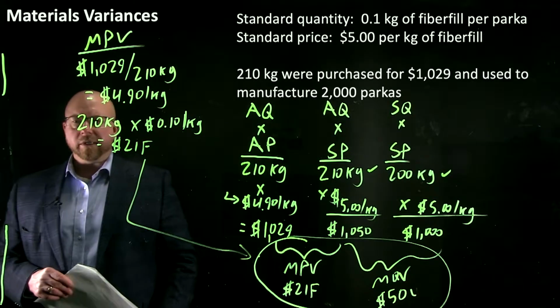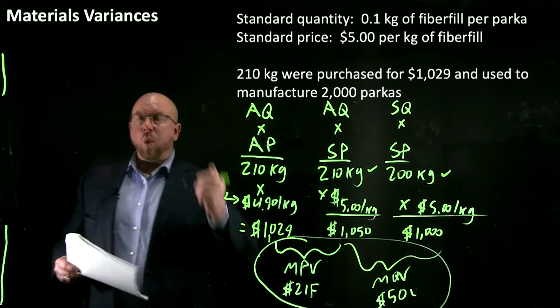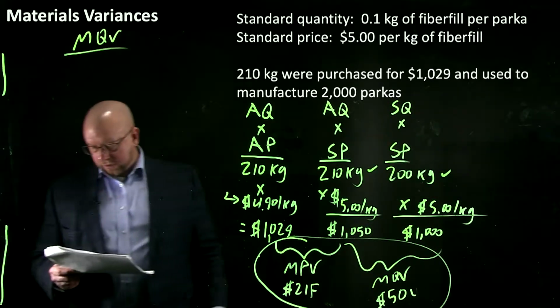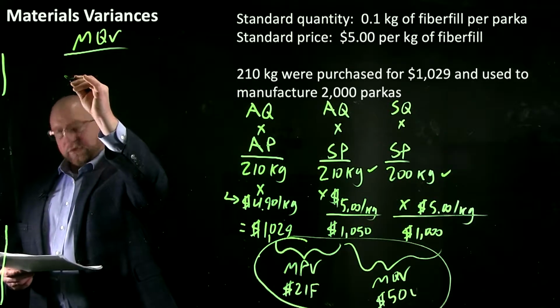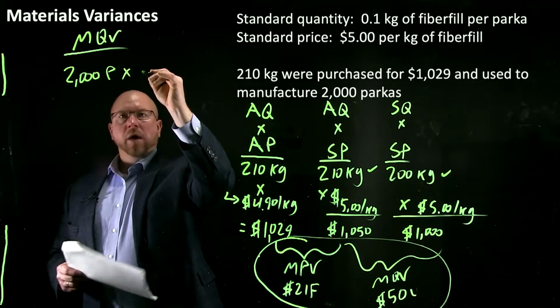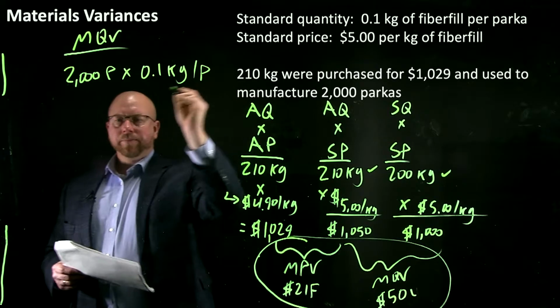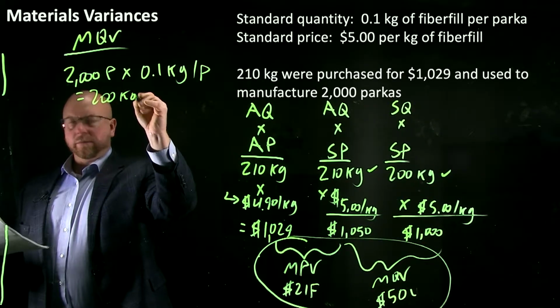And just another way to approach the materials quantity variance is to look at it this way. The standard would be, and we see this over to the right, 2,000 parkas times 1/10 of a kilogram per parka. So the standard would be 200 kilograms of material.